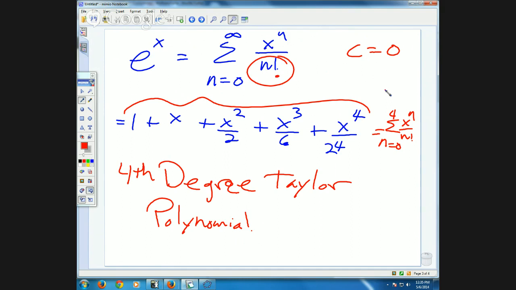Because if you take repeated derivatives of things like x to the 4th, what happens? It runs out of powers, but what accumulates in front of it? What if I take the 10th derivative with respect to x of x to the 10?